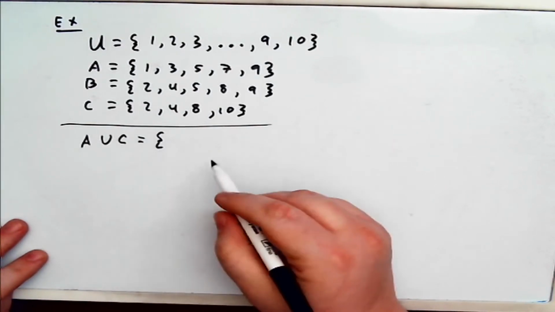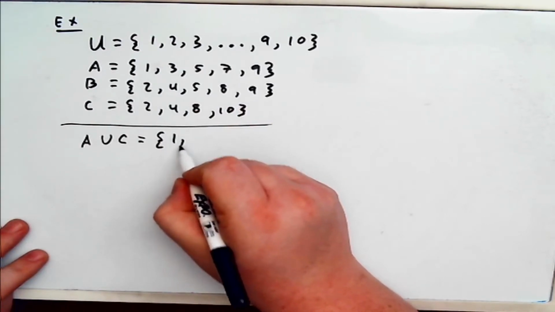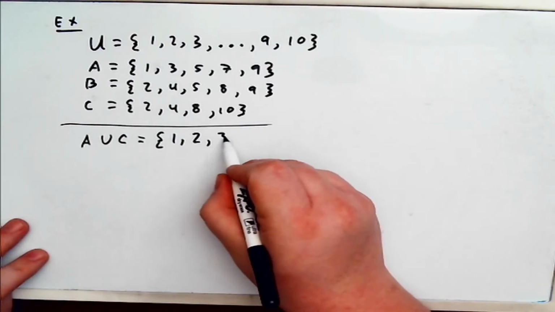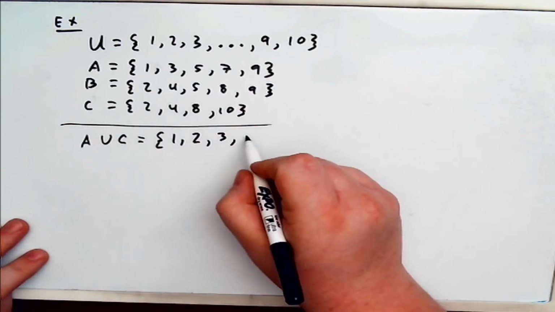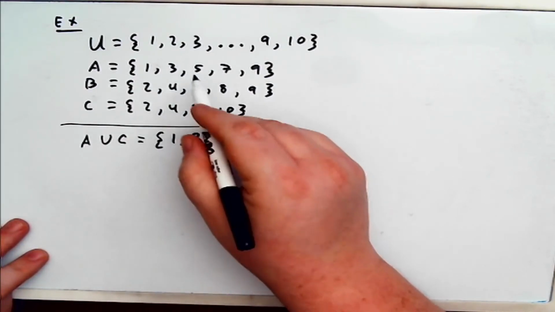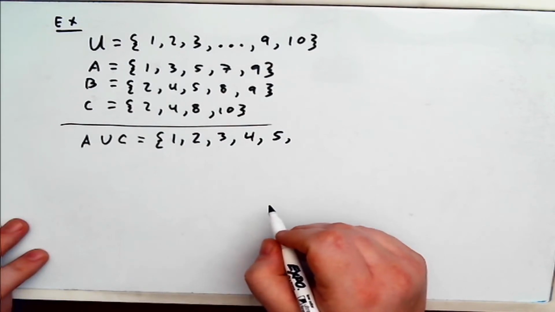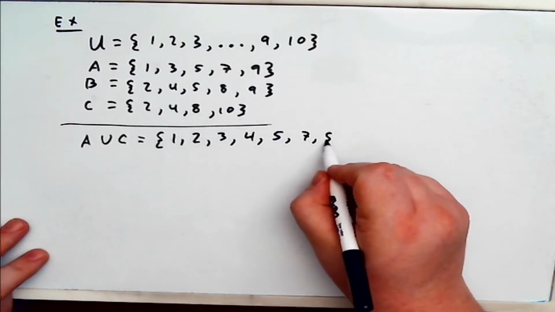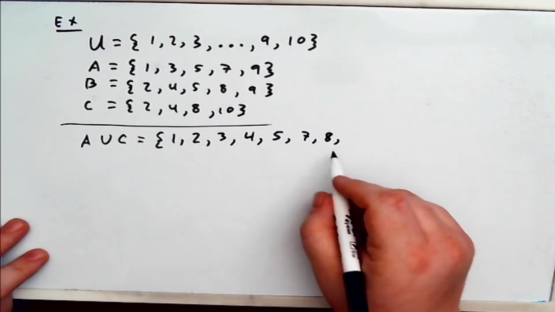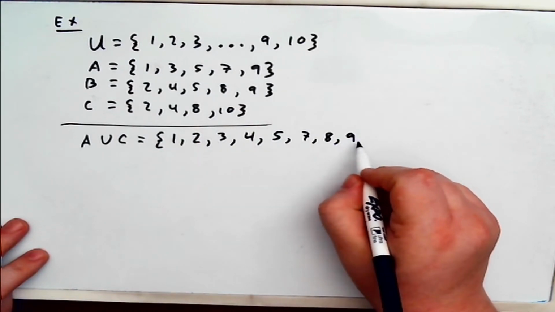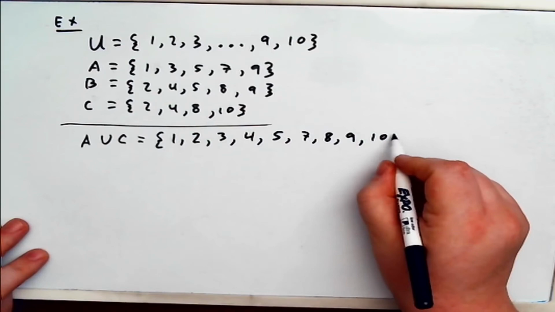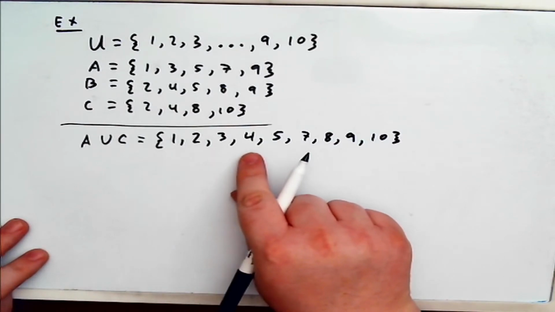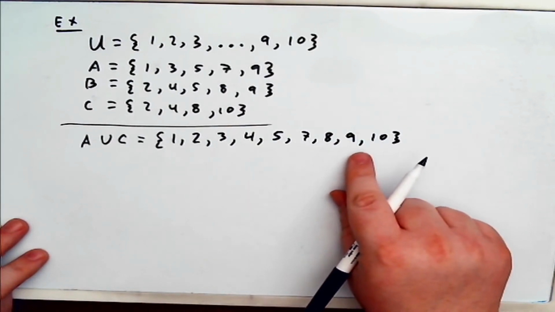So we have 1 from A, we have 2 from C, we have 3 from A, we have 4 from C, we have 5 from A, we have 7 from A, we have 8 from C, we have 9 from A, and finally 10 from C. So our A union C is 1, 2, 3, 4, 5, 7, 8, 9, 10.